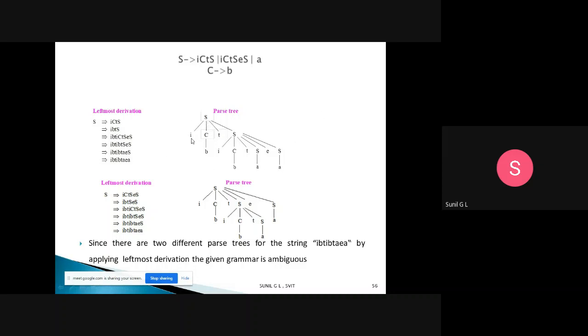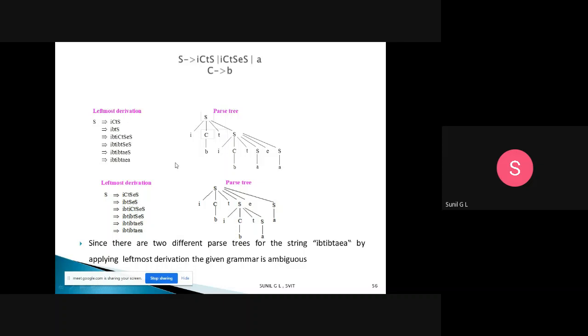Here the dangling problem is there. See here: if condition, then if inside the if, condition b, then statement a, else statement a. This is the first parse tree, in the leftmost derivation.